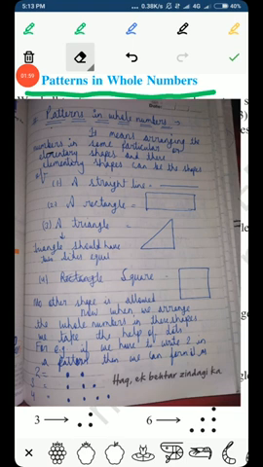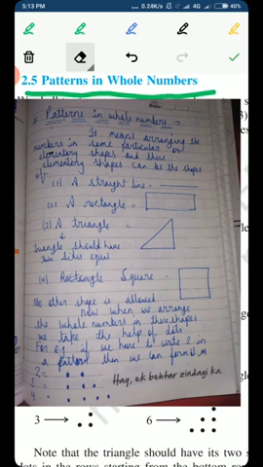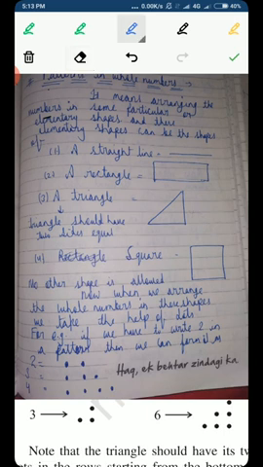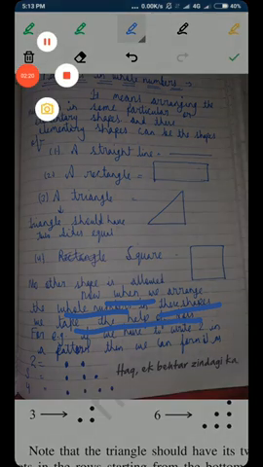Now the next question that arises in our mind is how to express the whole numbers in these shapes. The answer is also written here: when we arrange the whole numbers in these shapes, we take the help of dots.